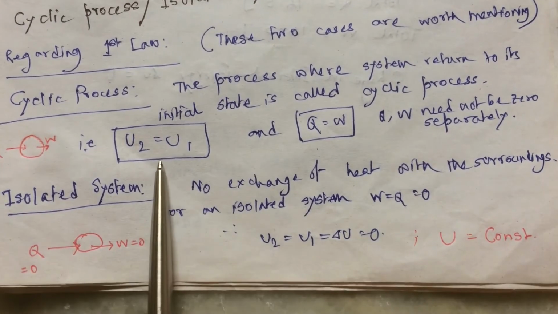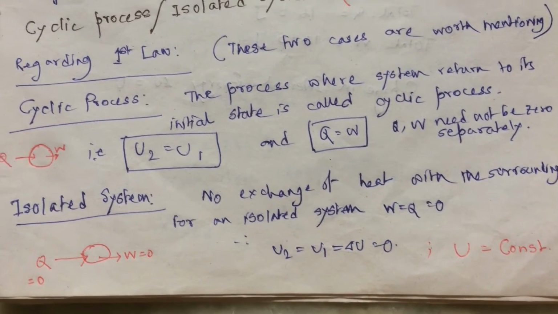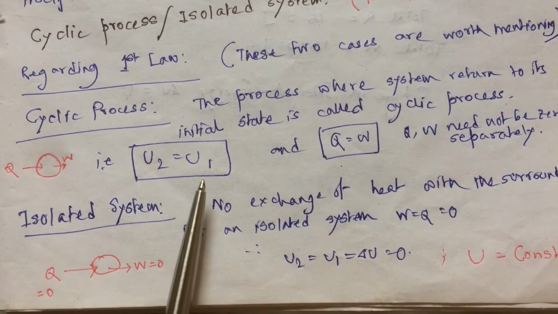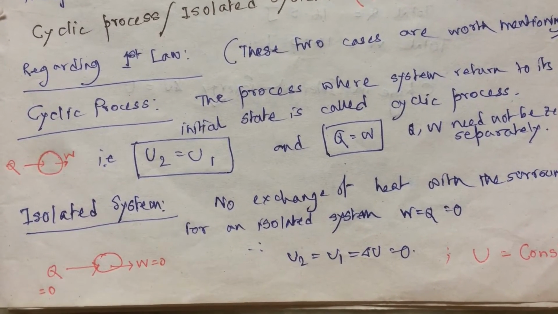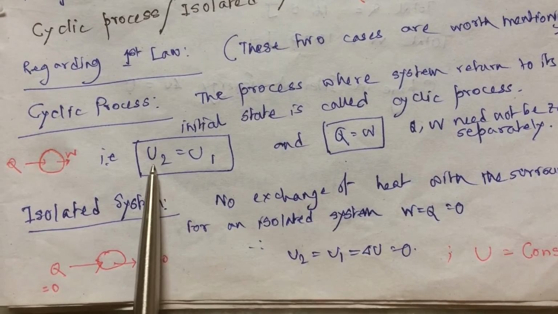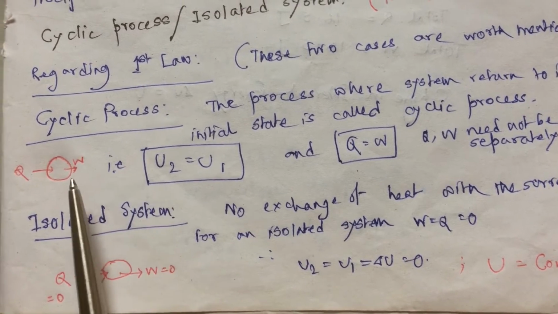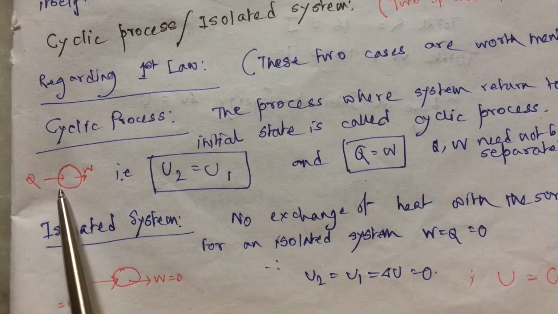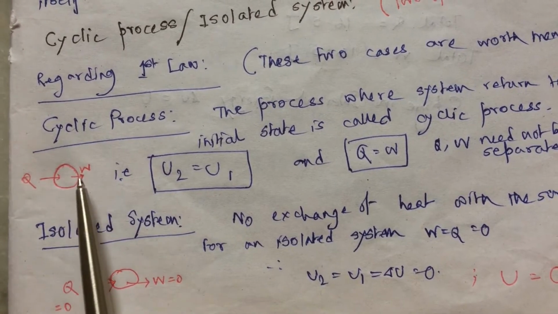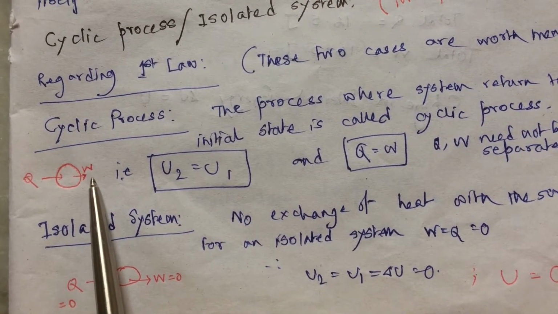A cyclic process is one where the system returns to its initial state, which means the internal energy change is 0. That is, the initial internal energy is equal to the final internal energy, and the amount of heat absorbed by the system is entirely used up as work done.